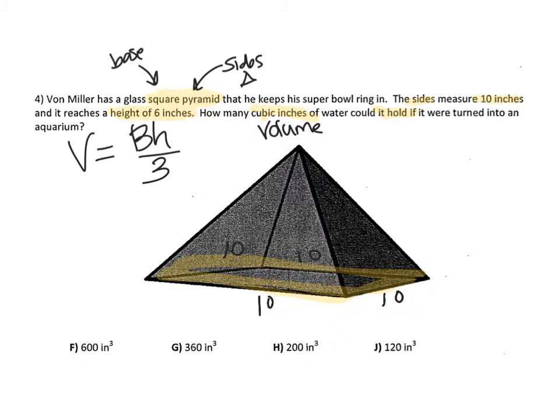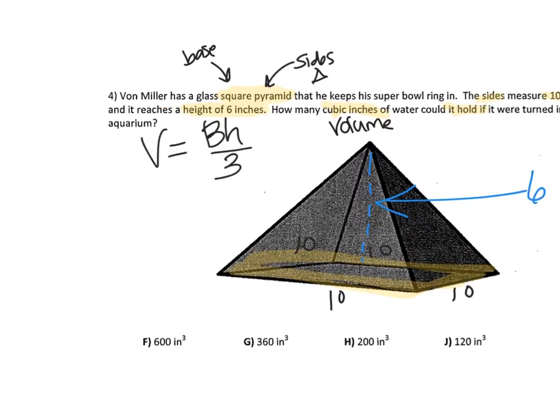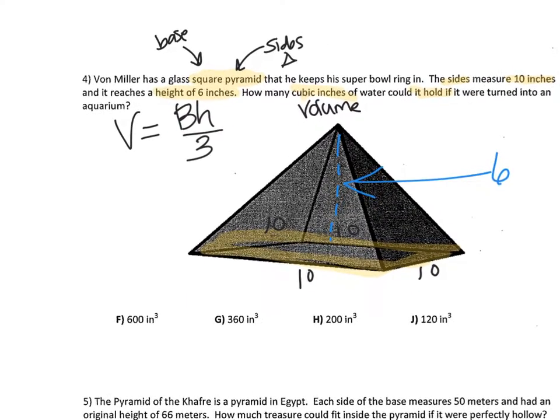And the height of the whole thing was 6. How can I find the area of my base? 10 times 10, which is 100, because length times width.